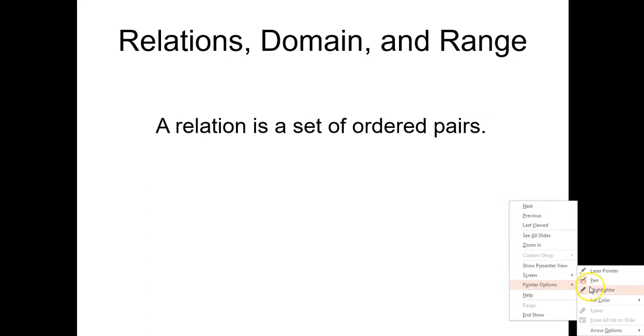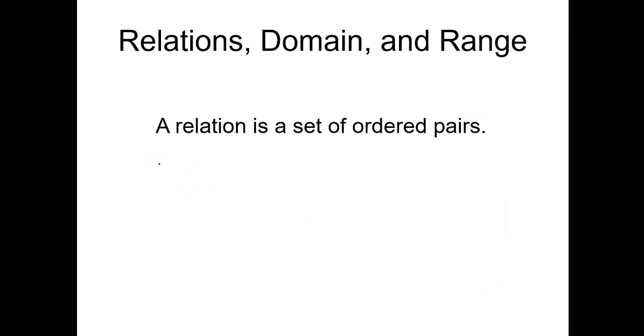You could simply see a set of ordered pairs the way it sounds, like you could see set braces, and ordered pairs like (2, 5), (4, -3), (-1/2, 2006). Just a set of ordered pairs like that. That is a relation.